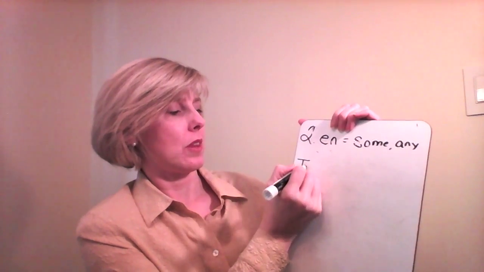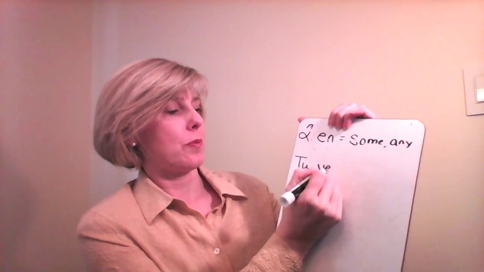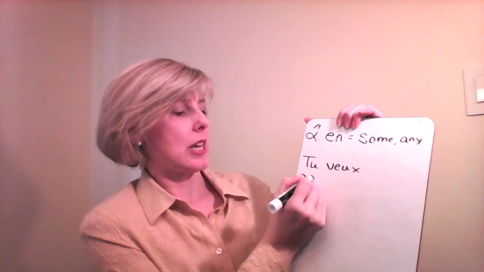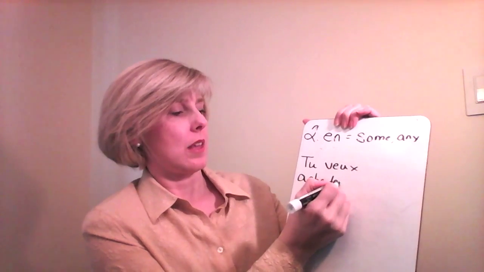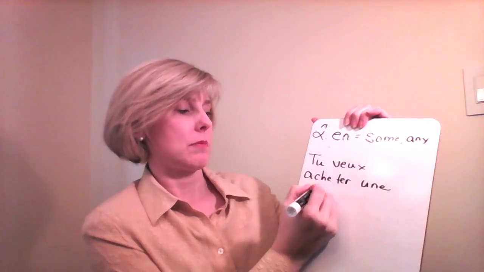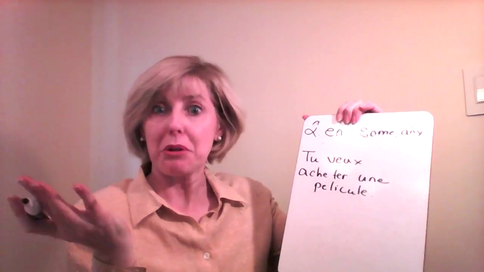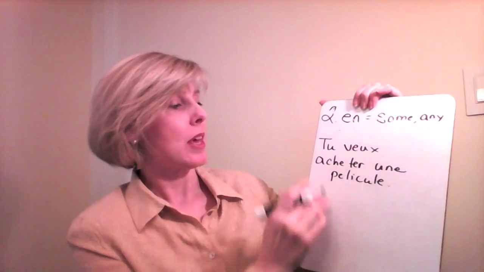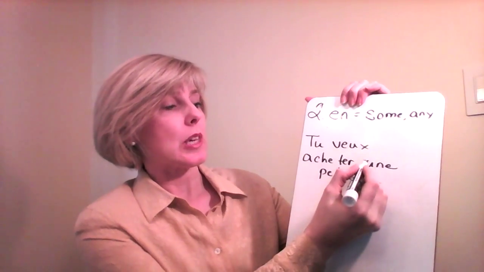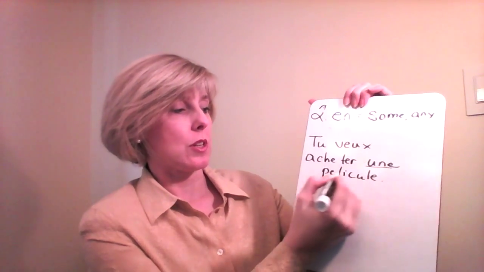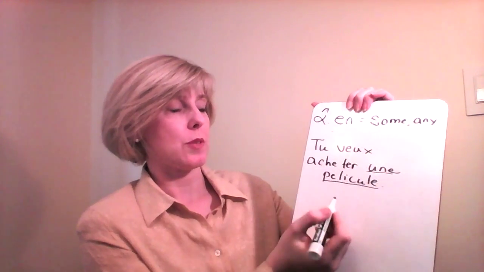Okay, another example. Tu veux acheter une pellicule? Do you want to buy a battery for your car or something like that? Tu vas acheter une pellicule. So here's une pellicule. So that's going to be en. We need to replace it with en.